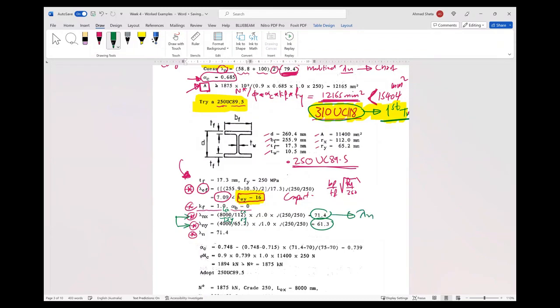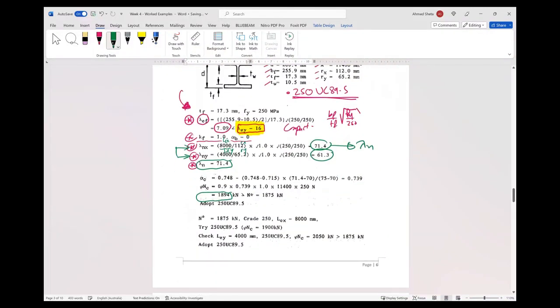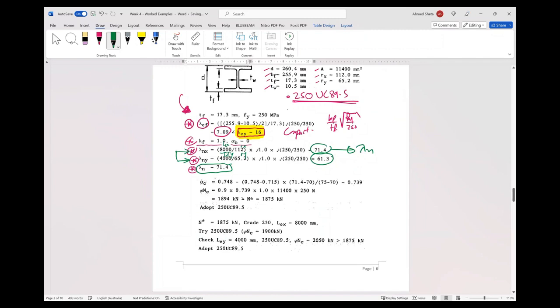So lambda N is 71.4. Okay. So lambda C will be this formula again from the standard. So we find alpha C is equal to 0.739.